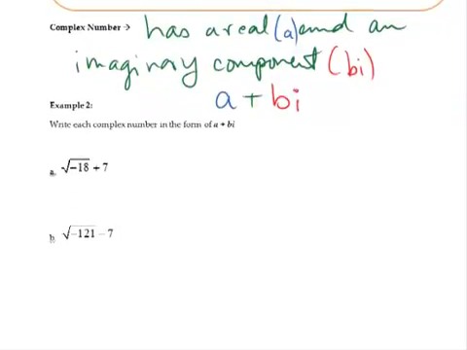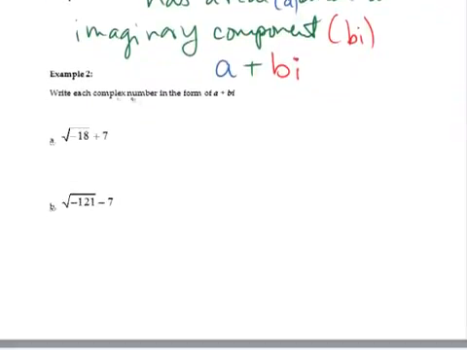So when we simplify complex numbers, say square root negative 18 plus 7, simplify your square root of negative 18 first, so that's negative 1 times 18. 18 can be broken up into 9 times 2, and then plus 7. The negative 1 gets to come out, and the 9 gets to come out.